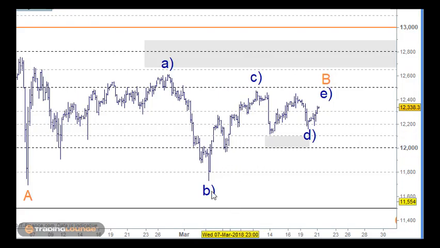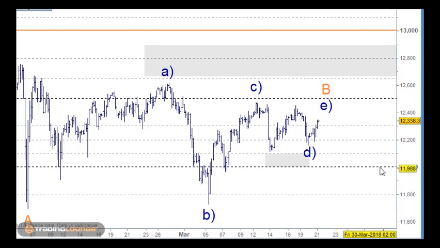So this is the triangle pattern that we're looking at as an A wave here, then an A and a B and a C and ABC for D wave, and then up here for the E wave here. Now the E wave here should pull back 61.8% of this level here.